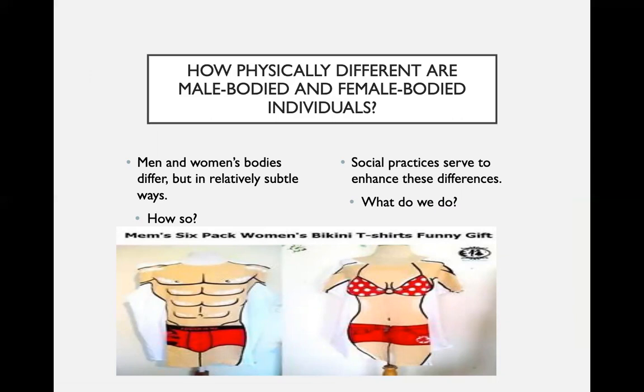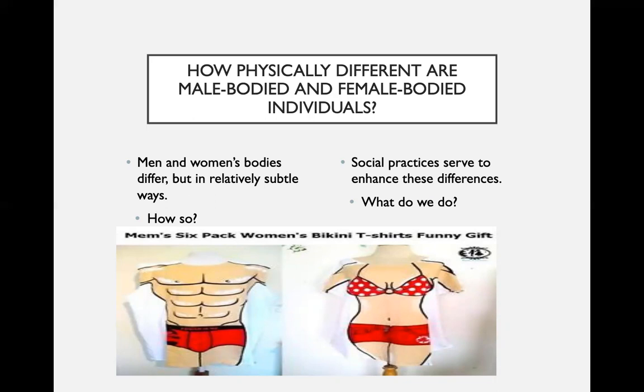To what extent do male bodies and female bodies really differ outside of the aforementioned sex organs? So of course, if we're talking about primary sexual characteristics, genitalia, secondary sex characteristics, breasts, and body hair, there are some differences. But are men and women's bodies as dramatically different as we maybe think that they are?